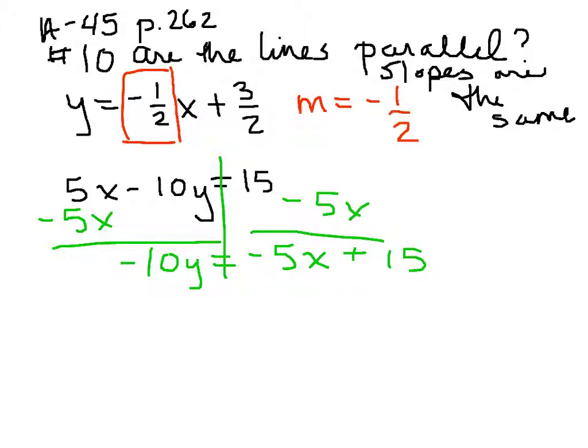And I'm almost done. Now I have to divide everybody by -10 since I'm multiplying y by -10, and I need to get y by itself.